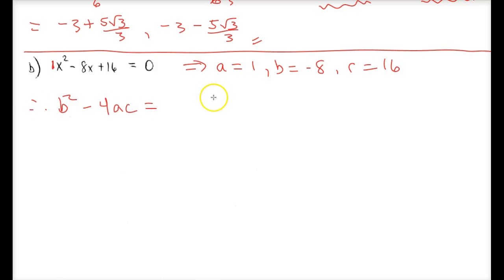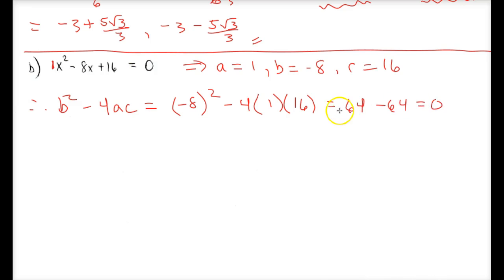calculate our discriminant, we have negative 8 quantity squared minus 4 times AC. Negative 8 quantity squared is 64. And 4 times 1 is 4, and 4 times 16 is 64. So you see we end up with 0 here.